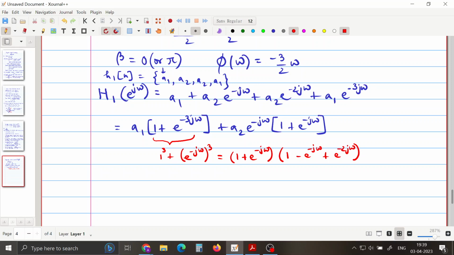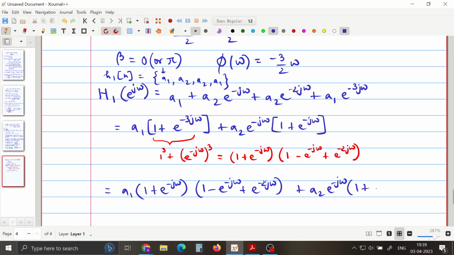So you can write it as a1 times 1 plus e power minus j omega times 1 minus e power minus j omega plus e power minus 2j omega, plus a2 e power minus j omega.